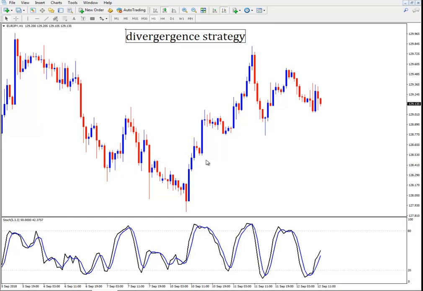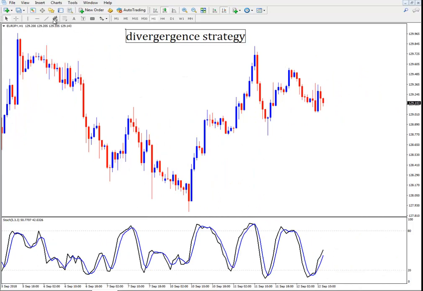So if we look in any direction, then we will find, from here to here, if we mark this, we are seeing the price going from lower to higher, and as we mark our bottom in price, we will also mark our bottom in the indicator.